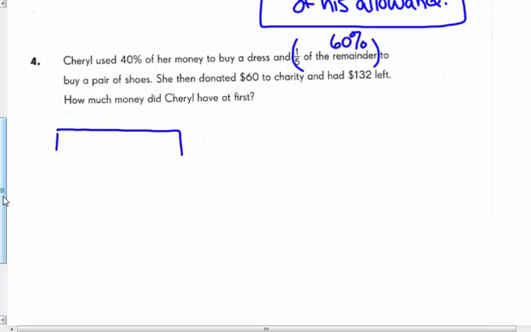I think I'm going to bar model this. 40% was the dress. 60% was her remainder.